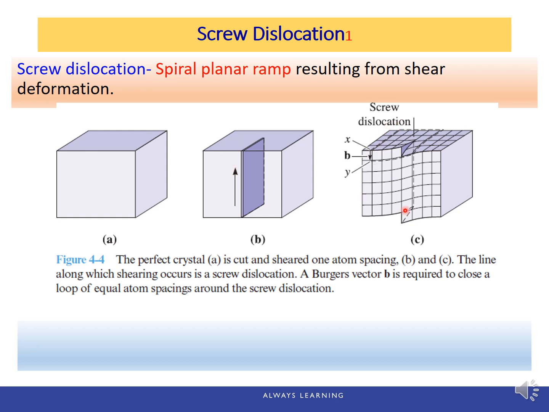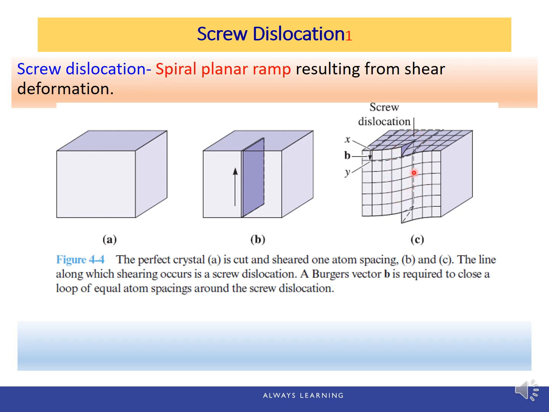So here in Figure C, we can see the screw dislocation, or a better view of it. The left portion of the crystal is shifted 1 atomic distance up relative to the right portion, or right-hand region, of the crystal.